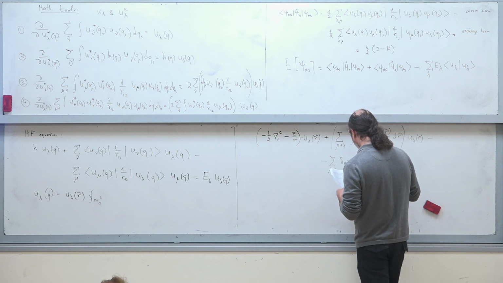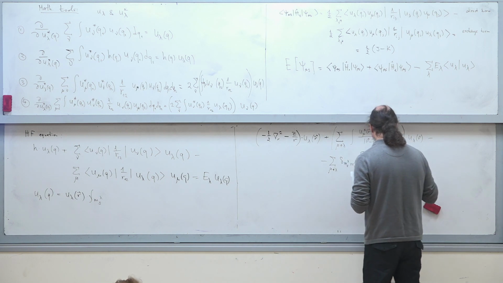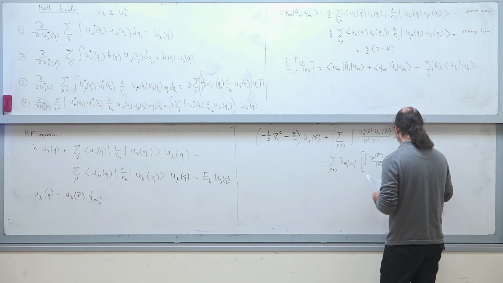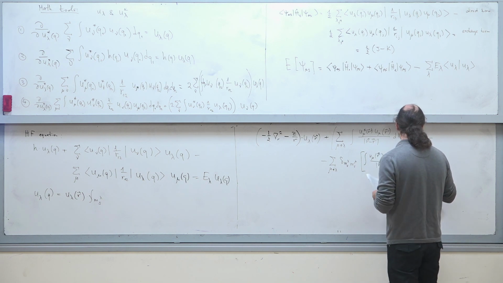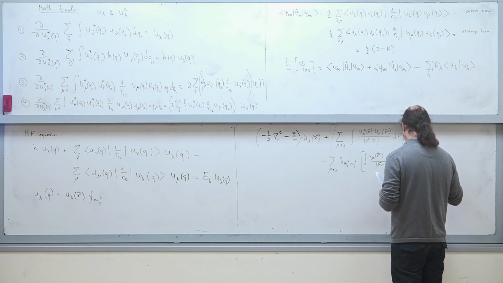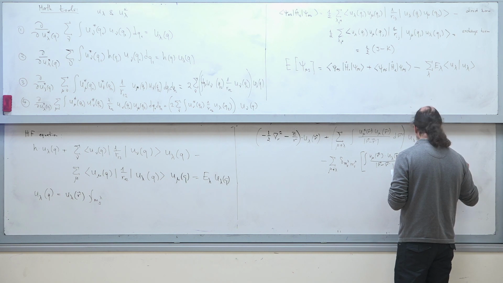So the integral over dr prime. This works on the orbital u lambda of r. This is equal to e lambda u lambda of r.